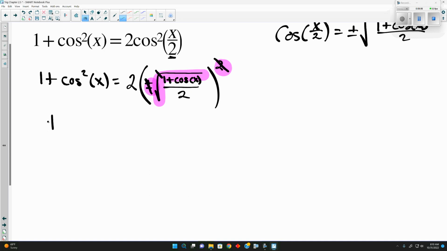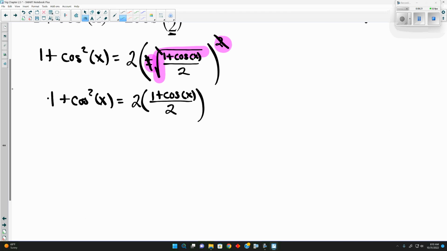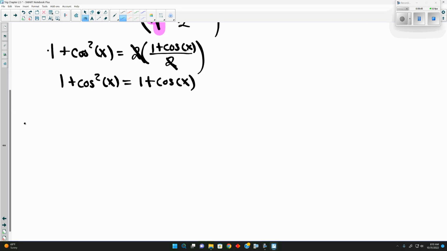Because over here we still have 1 plus cosine squared of x is equal to 2 times 1 plus cosine of x all over 2. Well, actually the 2 and 2 will cancel out, leaving us with 1 plus cosine squared of x is equal to 1 plus cosine of x. Questions on this here so far?